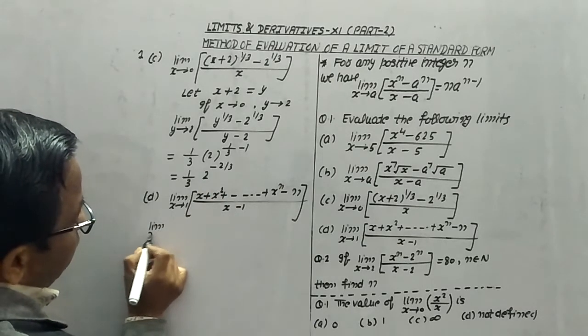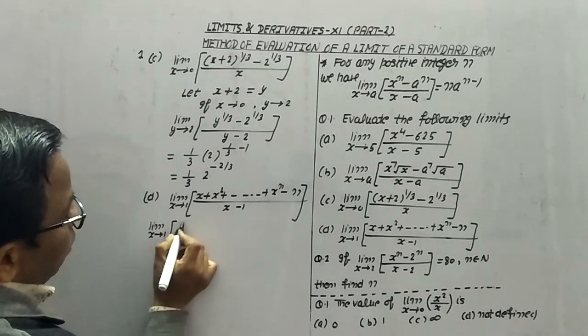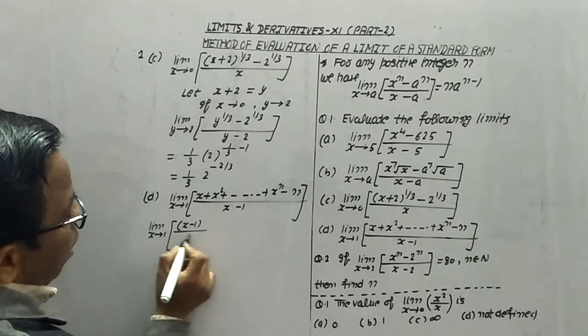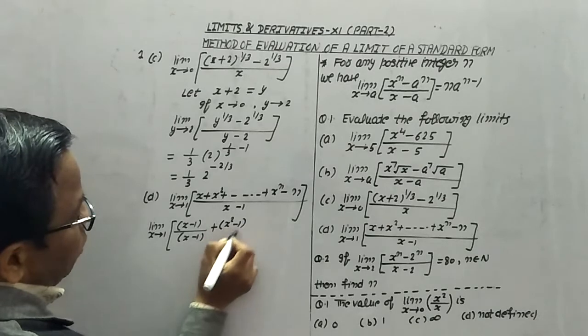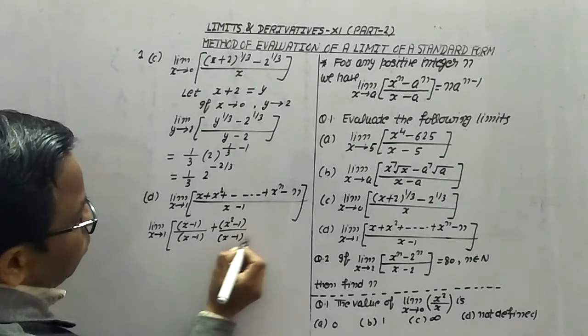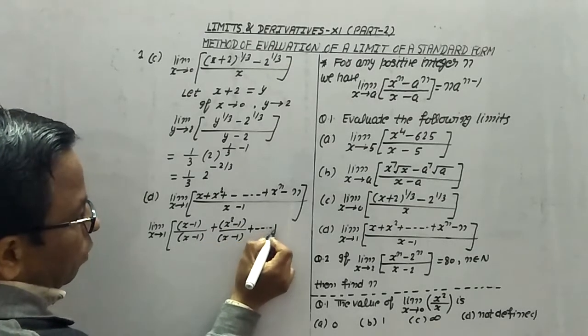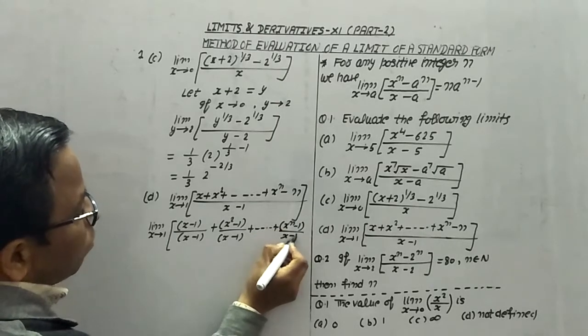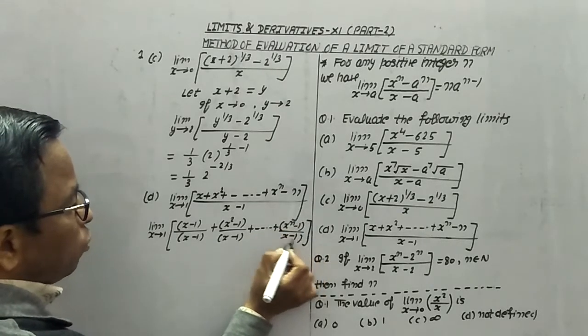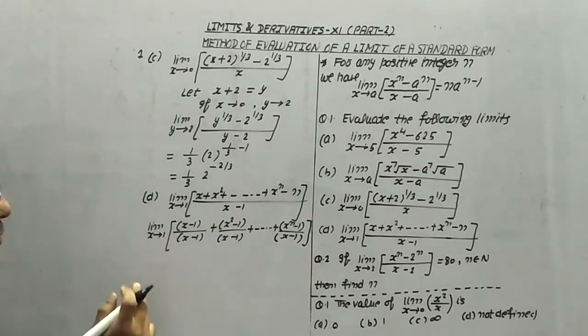It means this becomes the limit as x tends to 1 of (x-1)/(x-1) + (x^2-1)/(x-1) and so on plus (x^n-1)/(x-1). In this way we are going to distribute this part.